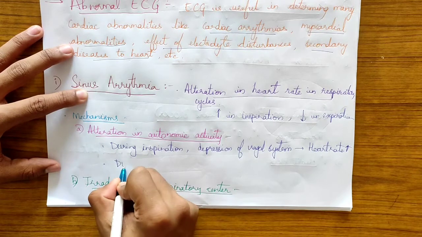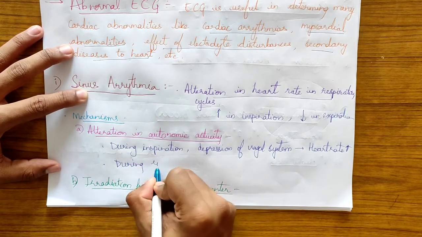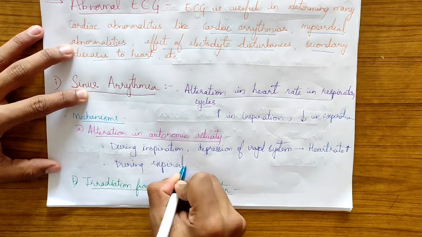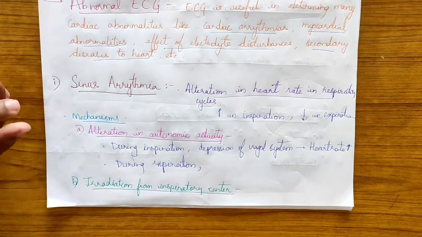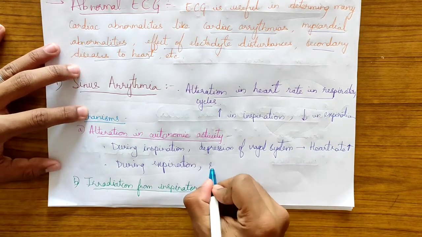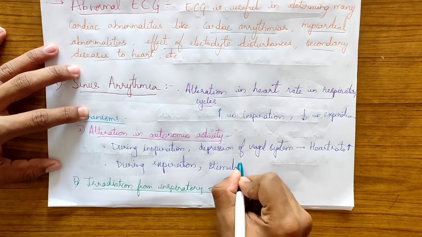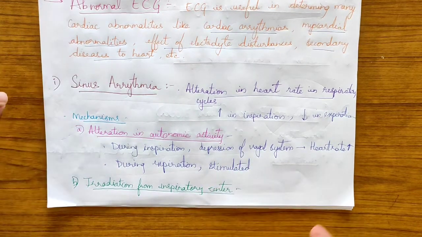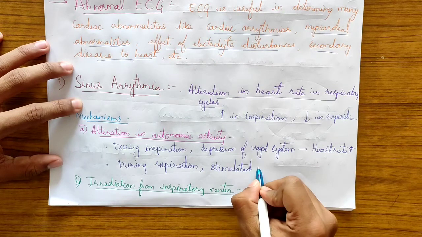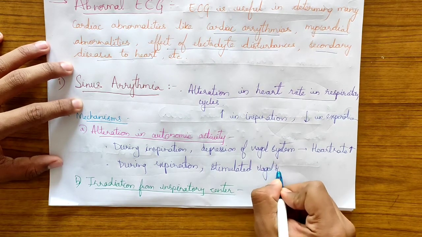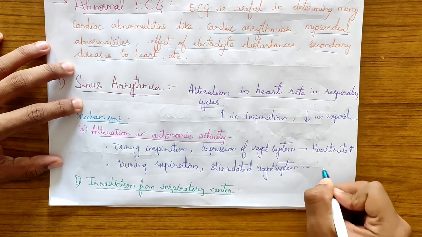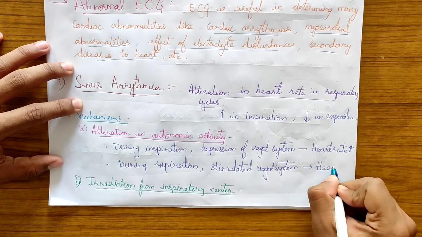Whereas during expiration, the opposite happens. The vagal system is stimulated and therefore there will be a decrease in the heart rate, because the vagal system acts as the depressor of the heart rate.